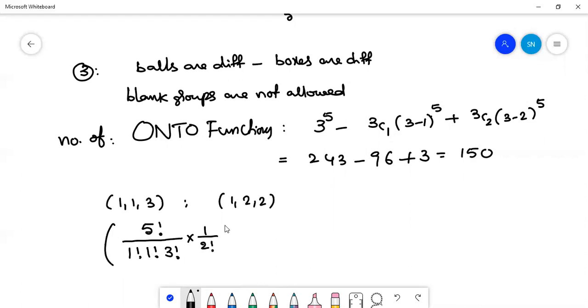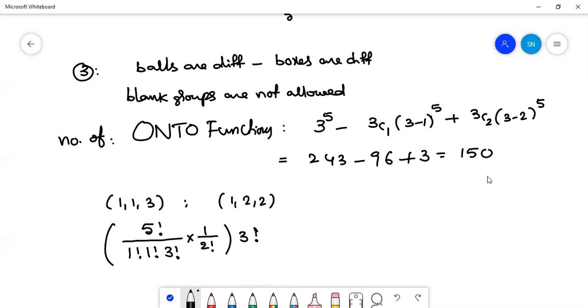That means we have made the balls into 3 packets. So these 3 packets must be arranged into 3 different boxes. How many ways can you arrange three different packets into three boxes? That can be done in 3 factorial ways.